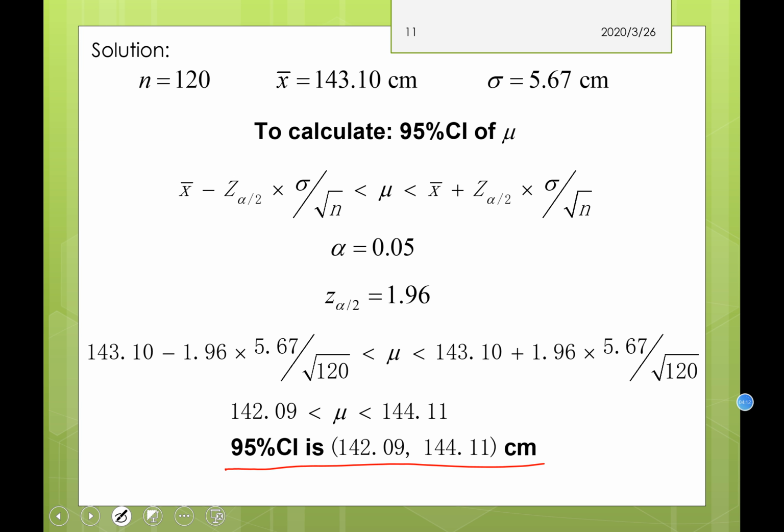That is, the 95% confidence interval is between 142.09 and 144.11 centimeters. We can notice that there is a unit for the confidence interval, right?